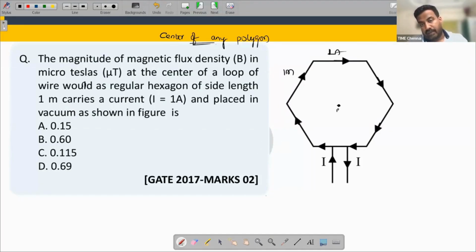So I want to find B here at the center. Now you need to take the finite line concept. The point of evaluation is at the center of those points.